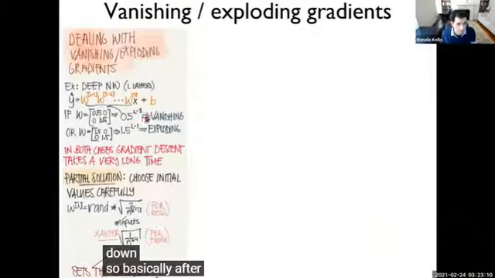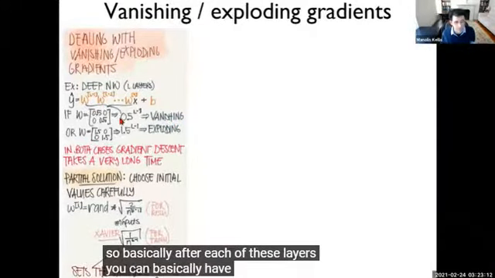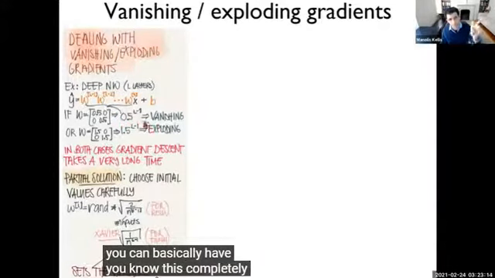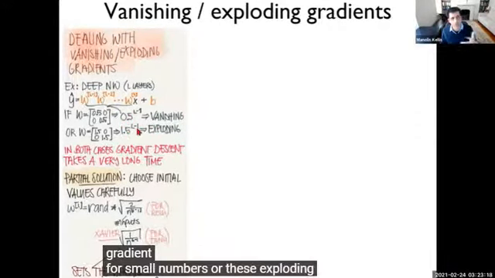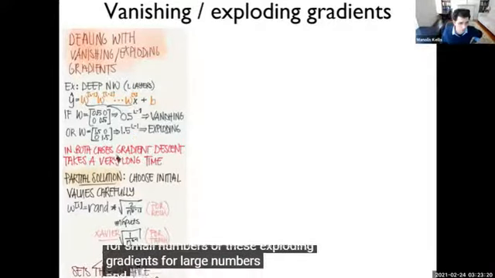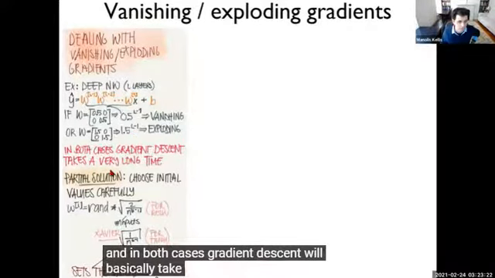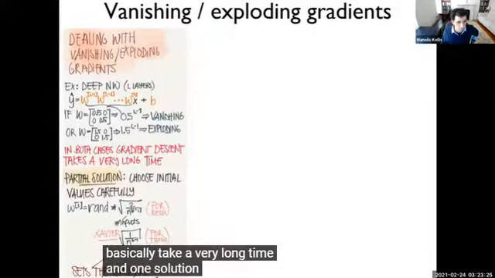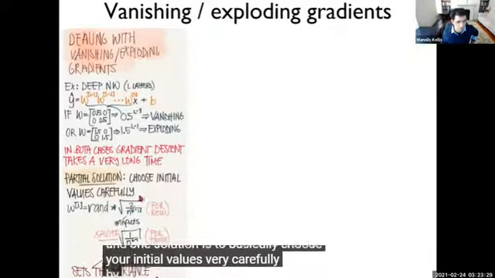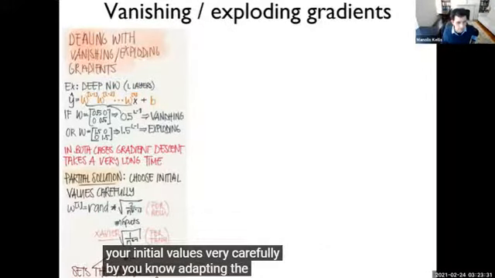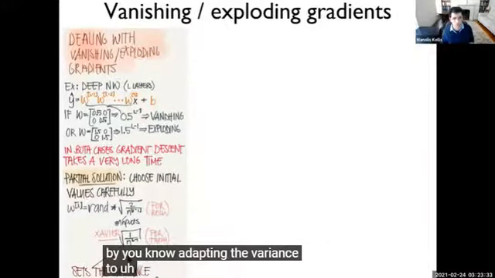So basically, after each of these layers, you can have this completely vanishing gradient for small numbers, or this exploding gradient for large numbers. And in both cases, gradient descent will basically take a very long time. And one solution is to choose your initial values very carefully by adapting the variance to the number of inputs.